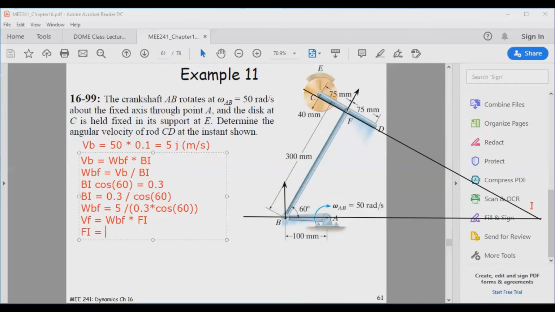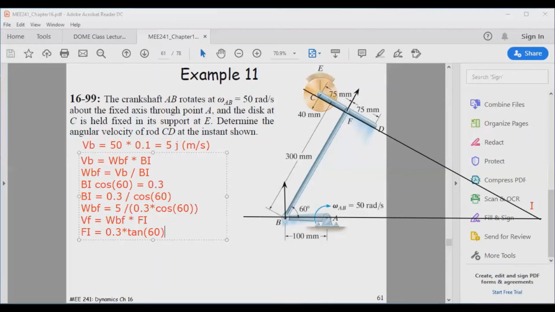Fi is going to be equal to how much? 0.3 times tan 60. Tangent 60 is equal to Fi divided by 0.3. Exactly. So 0.3 multiplied by tangent 60. Bravo, very good.